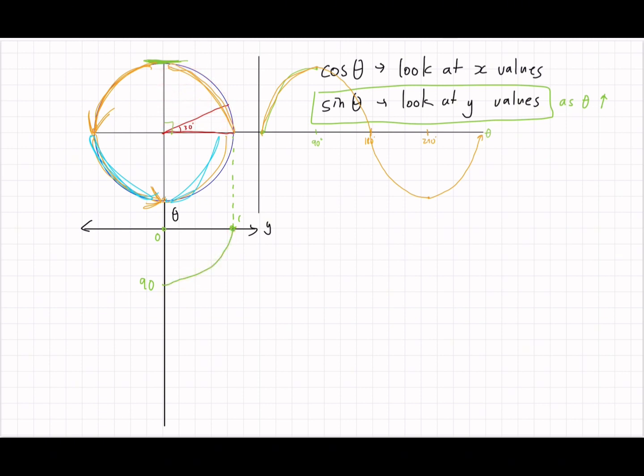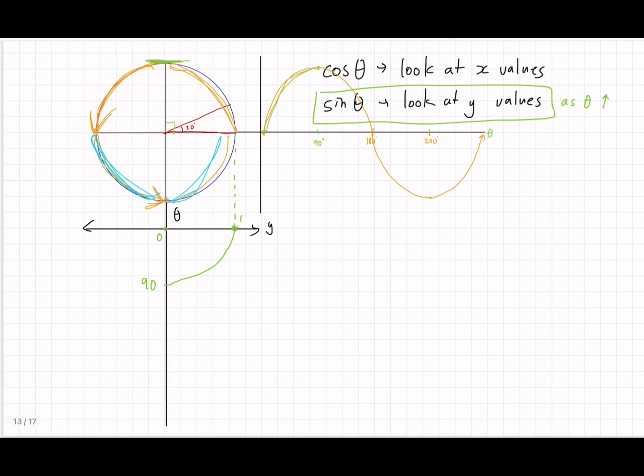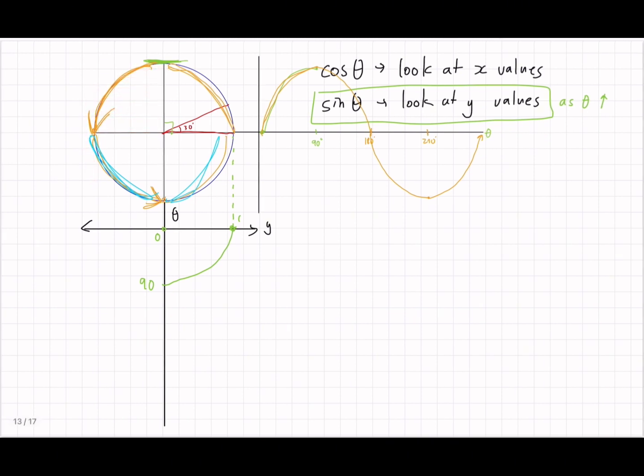And then next, our x values are getting negative, right? So if we follow it, we will be going from 0, and then negative, even more negative, right? And then we hit our minimum x value, and that's going to be -1. So we go down, and at 180 degrees, there we hit -1.